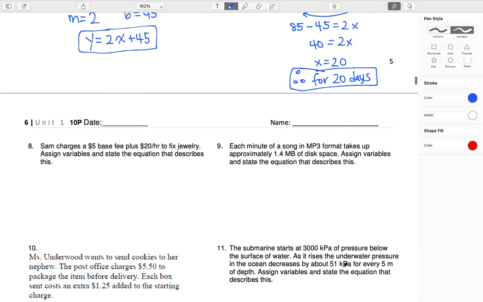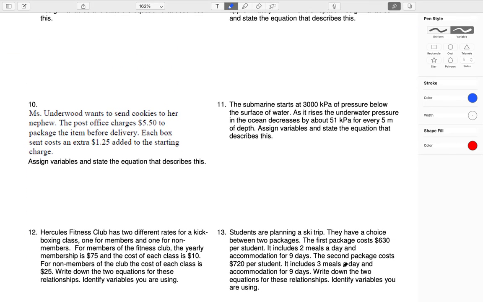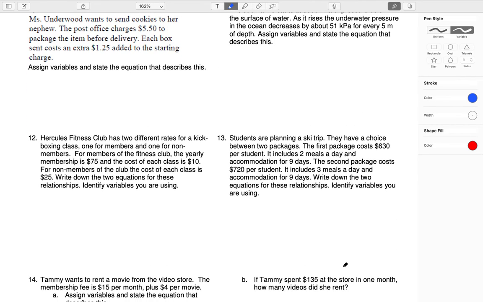So let's try something that contains different variables. Let's take a look at number 12. Hercules Fitness Club has 2 different rates for a kickboxing class, one for members and one for non-members.